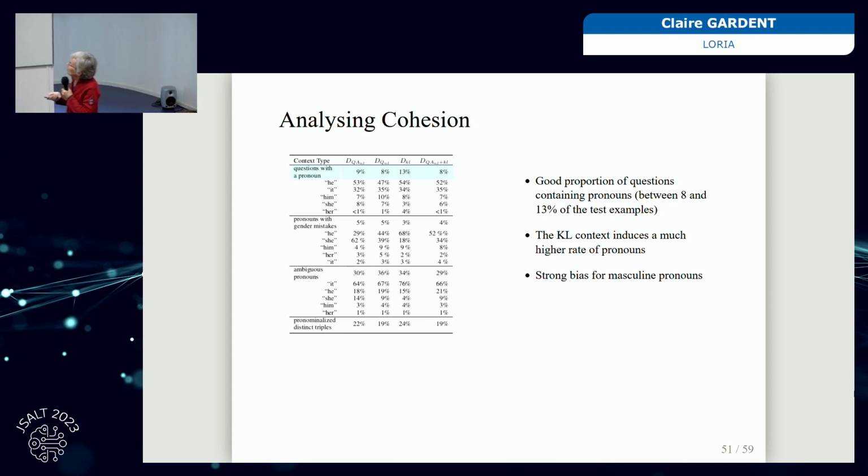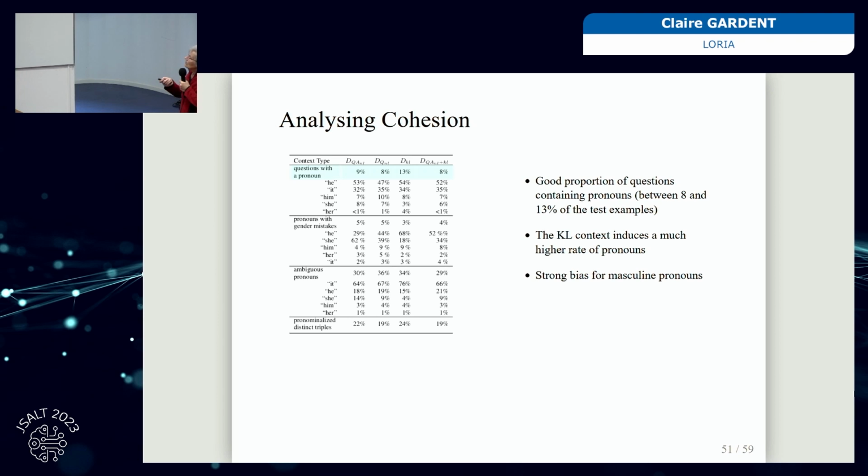So here you have some numbers. One thing we see is that there's a good proportion of questions that contain pronouns, between 8 and 13%, which is important because if you want to have a natural dialogue, you want the model to actually introduce pronouns.